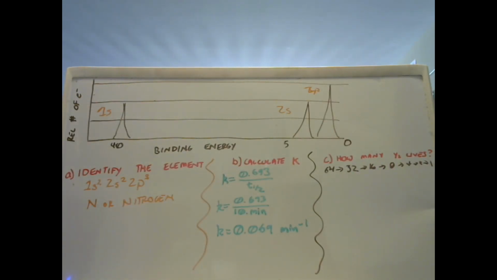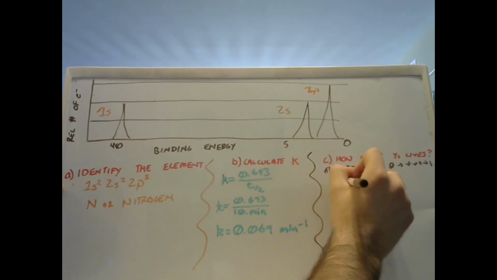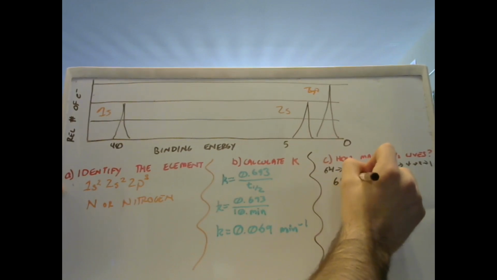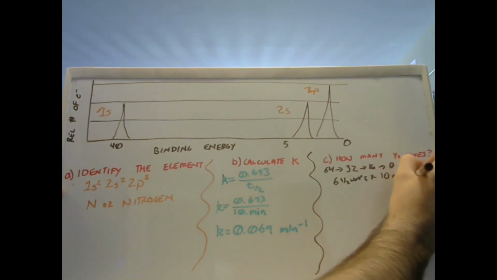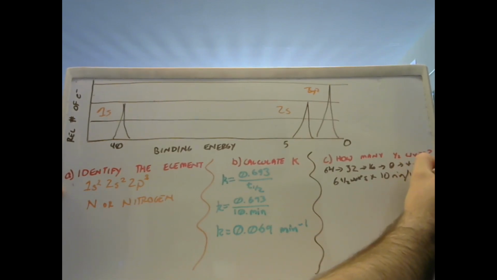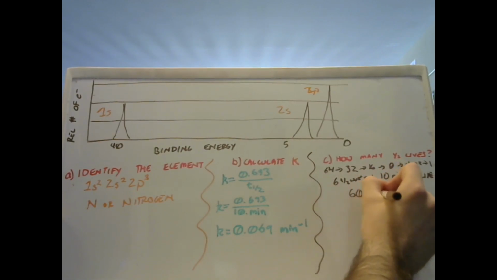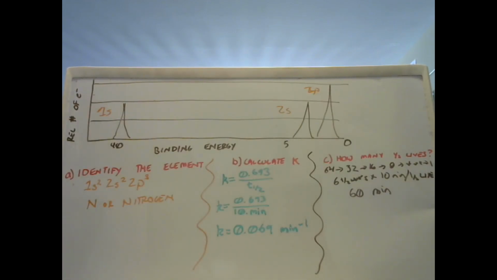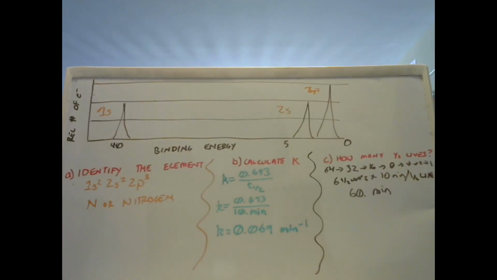If each half-life takes 10 minutes, 6 half-lives times 10 min per half-life gives me 60 minutes. Done.